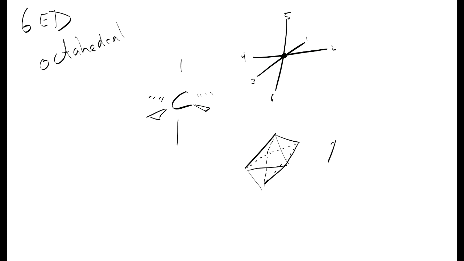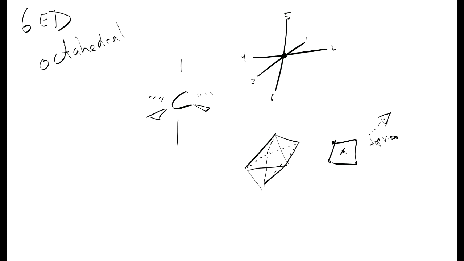It's 2 square pyramids butt to butt. This is the top view, we're looking down on it from above. Here is an eyeball looking down on it from above. Here's the top atom in the middle. Then we have the 4 atoms at the corners of the pyramid. And then exactly opposite this top atom, you have the bottom atom. So that's another way of thinking of an octahedral geometry.